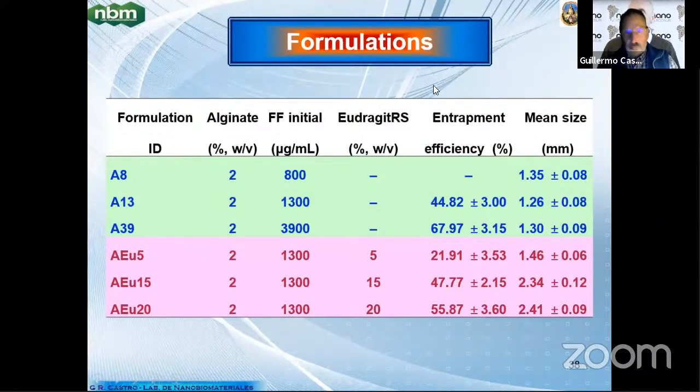In this case, there is no problem increasing the diameter because it's oral administration, so it's easy to do. And we keep one concentration of florfenicol, selected based on previous results.